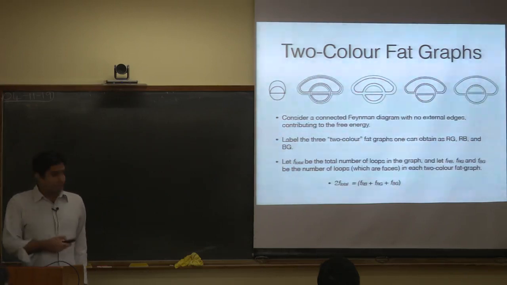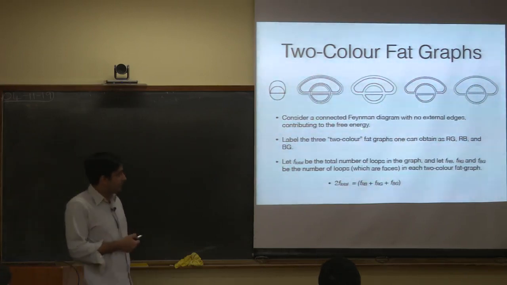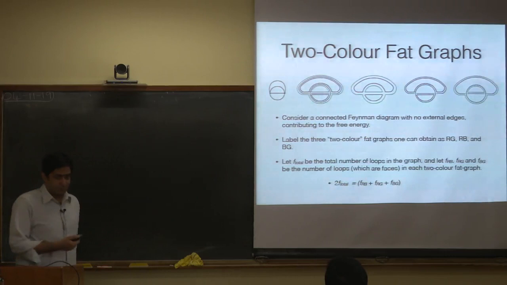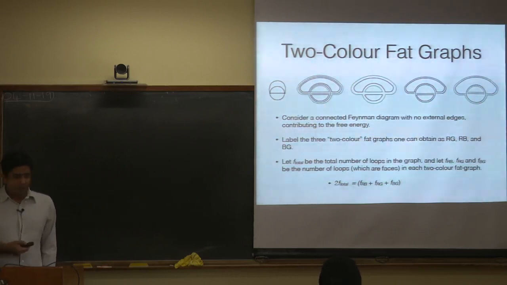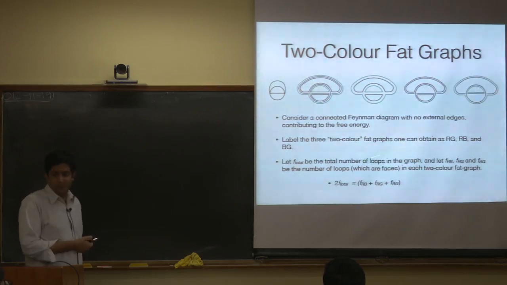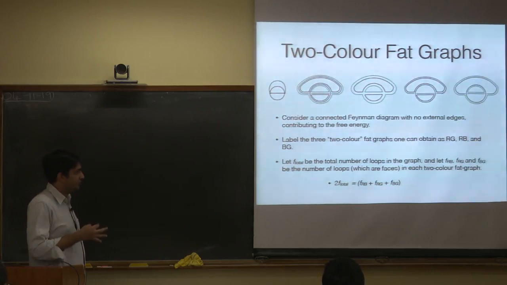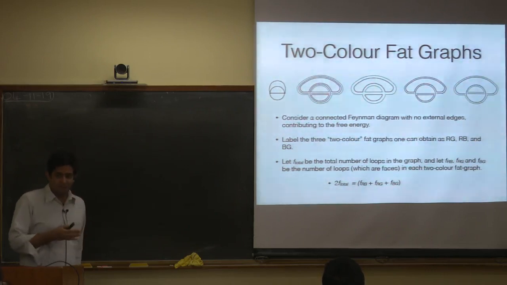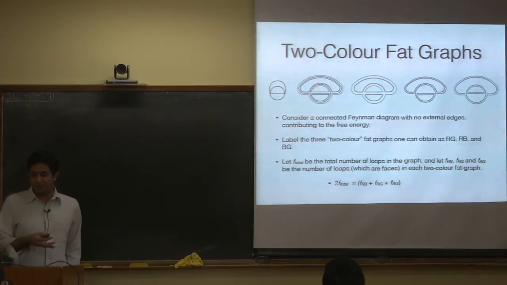Okay. So consider a connected Feynman diagram with no external edges. That's for the free energy. And we can label the two-color fat graphs as RG, RB, and BG. Let F total be the total number of color loops in the graph, which determines the power of n.